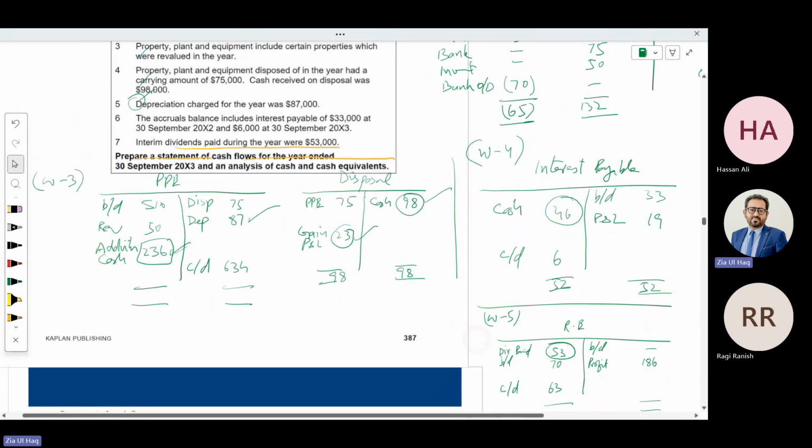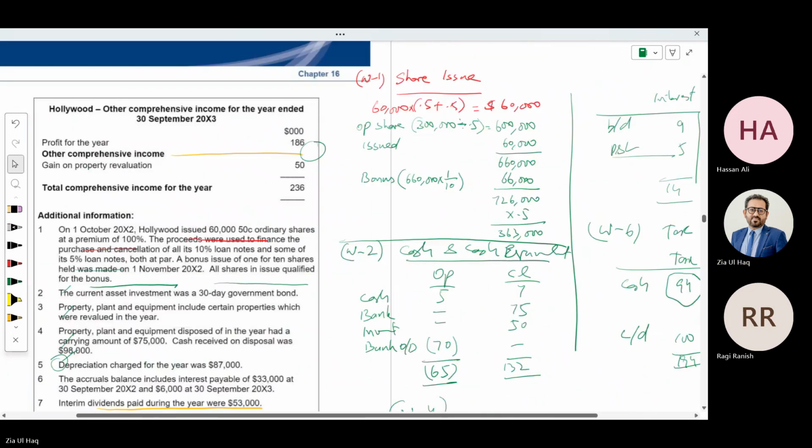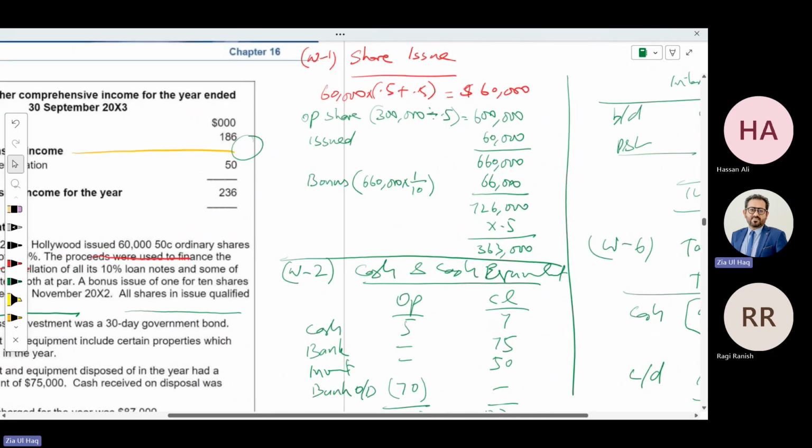Where is the working? This one for A. There is 63 change. How many shares have we issued? 3,000.